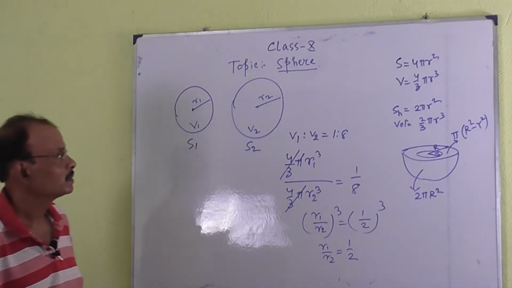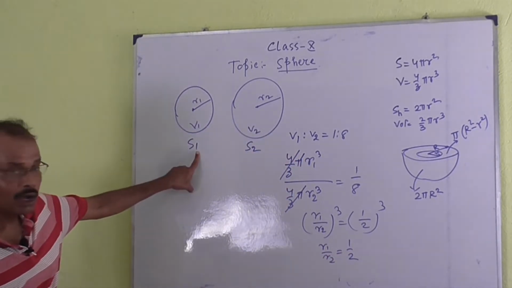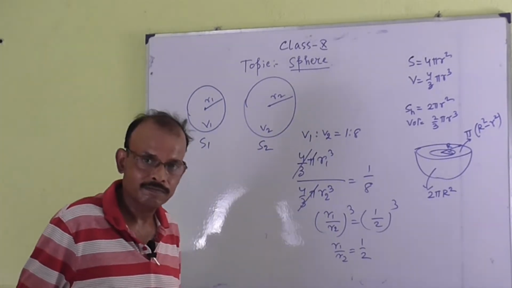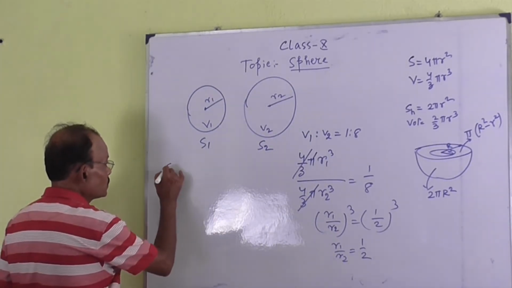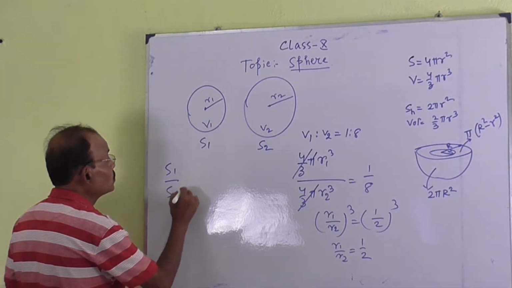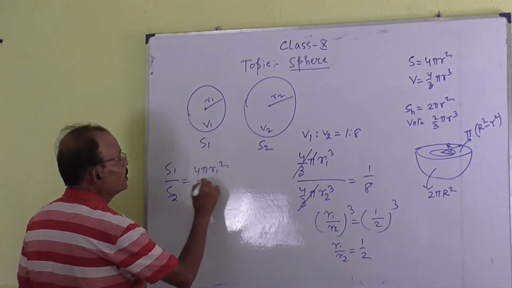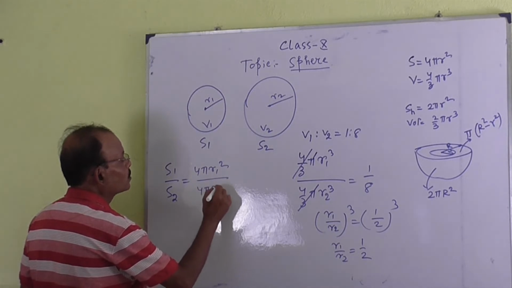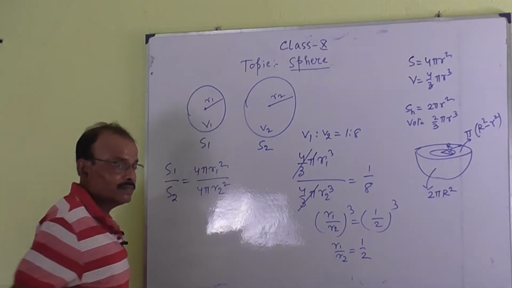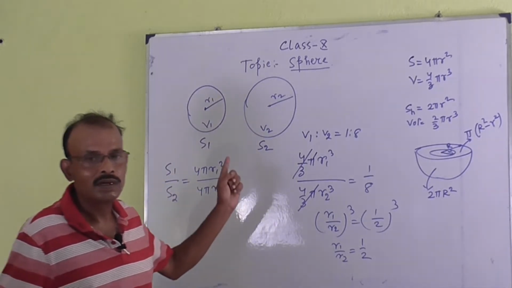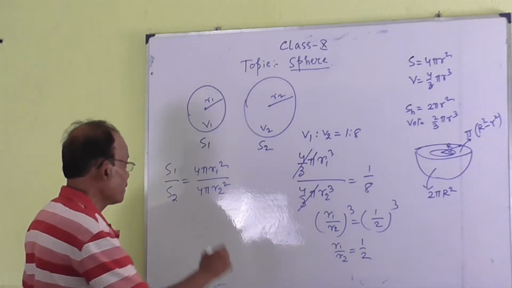Now, we have to find out the ratio of the surface areas of the two spheres. Clear? So, S1 by S2 equal to 4 pi r1 square by 4 pi r2 square. Now, we cancel 4 pi and 4 pi from numerator and denominator. Okay.